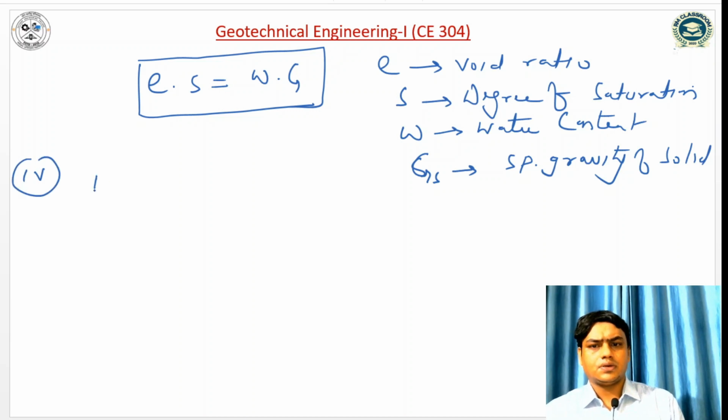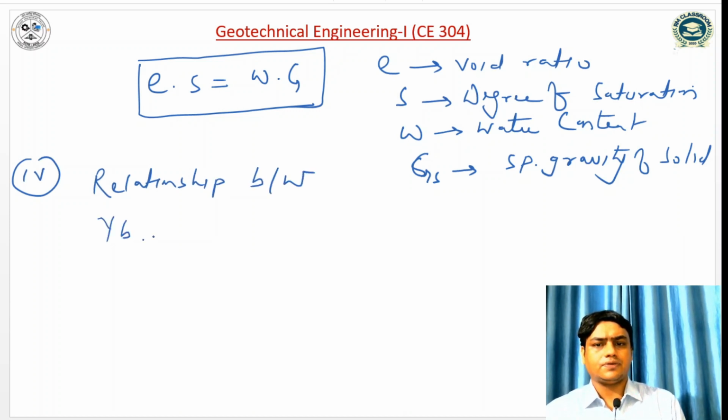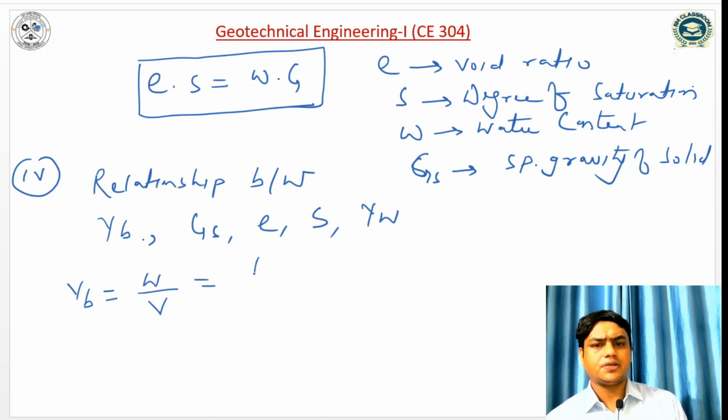Similarly, the fourth relationship is the relationship between bulk unit weight, specific gravity of solid, void ratio, degree of saturation, and unit weight of water. So we know that bulk unit weight is equal to total weight by total volume, and total weight can be written as weight of water plus weight of solid, divided by total volume, which can be written as volume of void plus volume of solid.